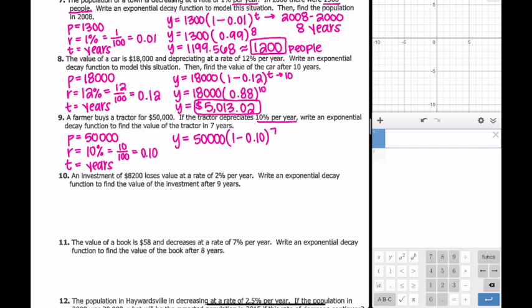So we have 50,000 times 1 minus 0.10 raised to the power 7. So that's $23,914.85 because the 845, that 5 bumps the 4 up to a 5.